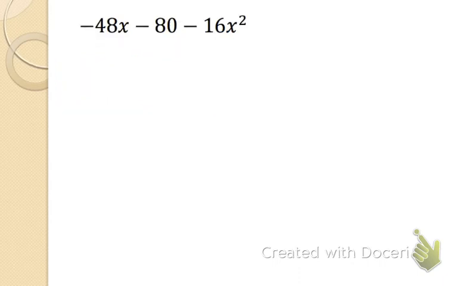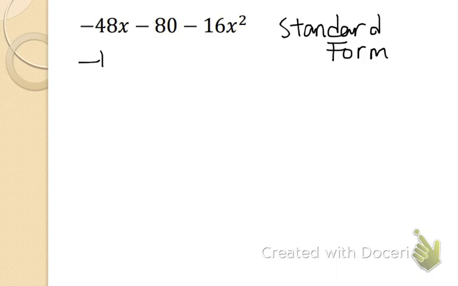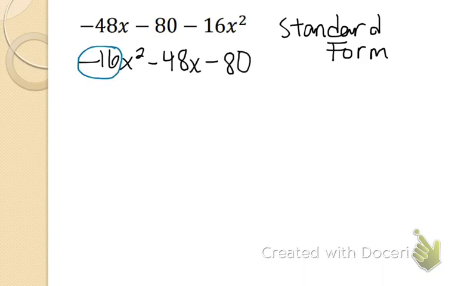Next one. Here, if you pay close attention, once again, you're going to notice that, first of all, it's not written in standard form. So the first thing you've got to do is rewrite it so it is in standard form. Okay. Next, we're going to look at each coefficient, each number here.